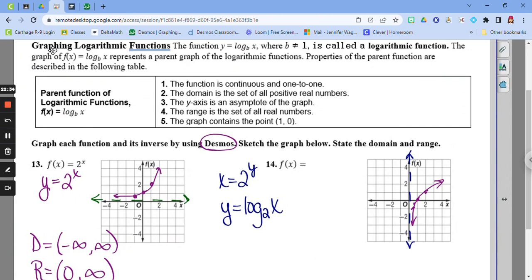If my domain is all real numbers for the exponential, then that means that's my range, because your x and y values switch. If my range is 0 and above, then on the logarithm, that's the domain. Again, inverse means your domain and range switch.